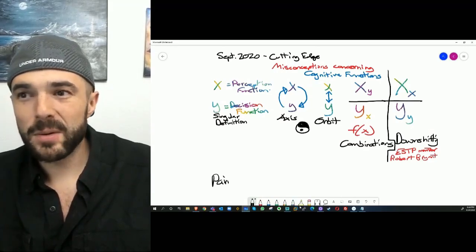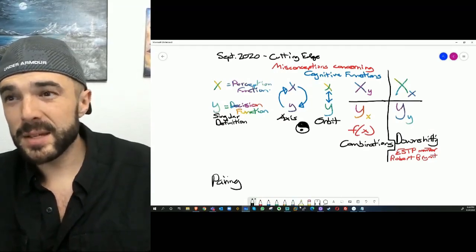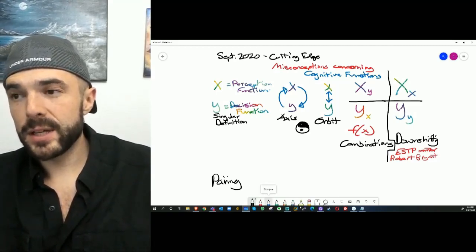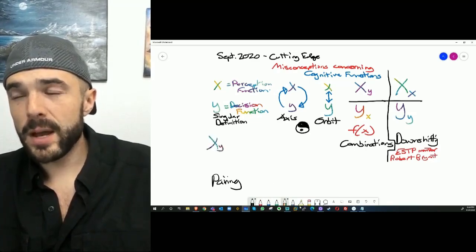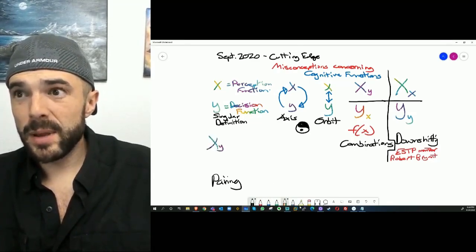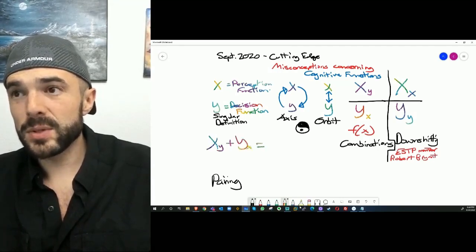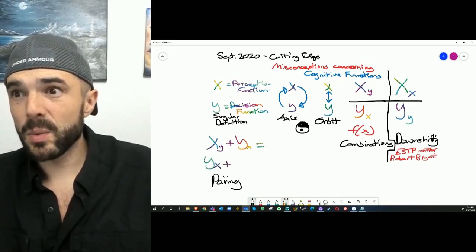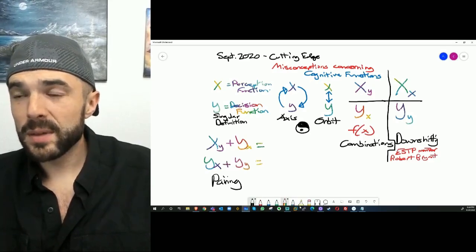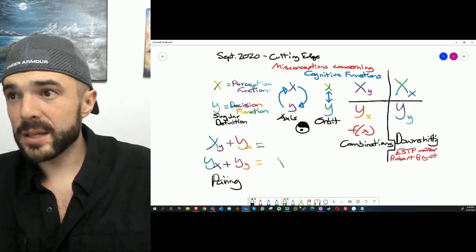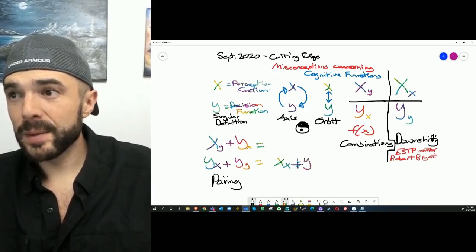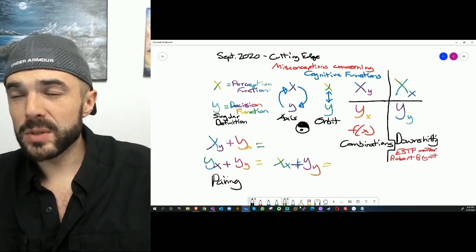This is kind of the odd man out, and pairing is basically when you can have x of y plus y of x equals something, and then you could also have y of x plus y of y equals something, and then you could also do x of x plus y of y, and that approach could also equal something else.